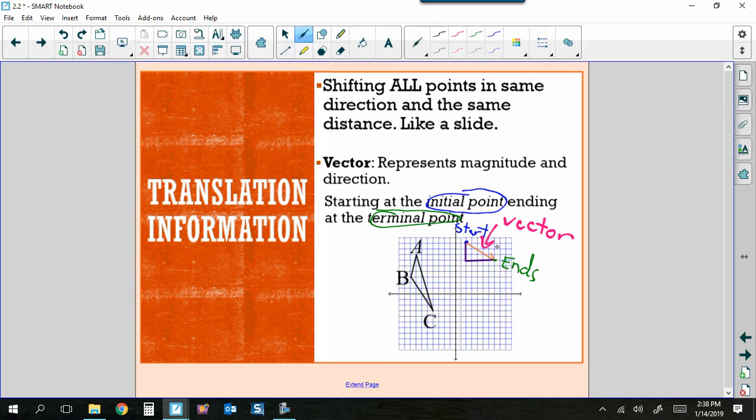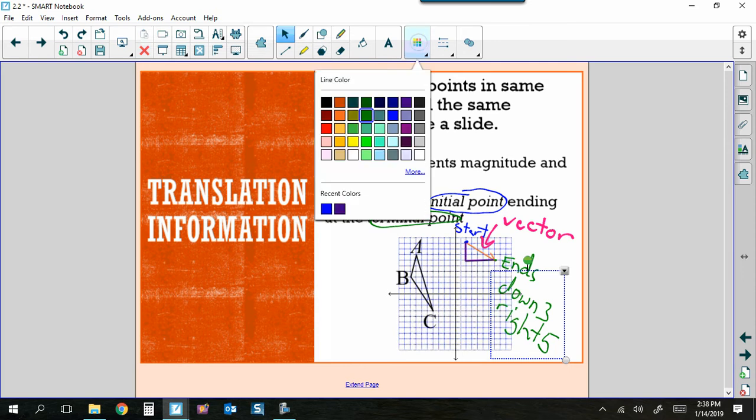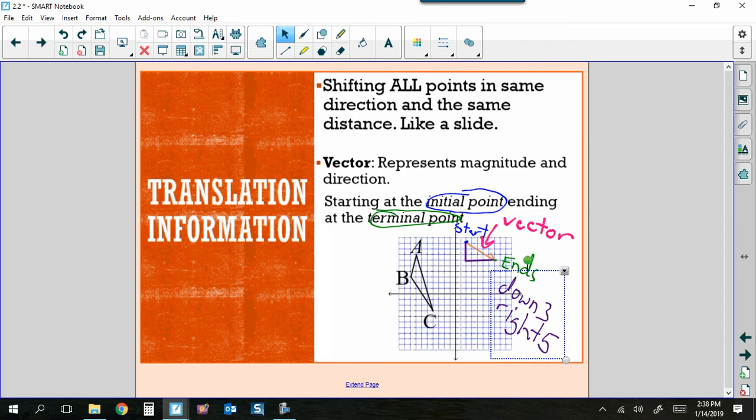This translation is saying we are going to go down 3 and right 5. Now the direction is we are reading this particular vector from left to right. There are times when you will read a vector going from right to left. It just depends on which way the arrow is facing, where your terminal point and your end point are.